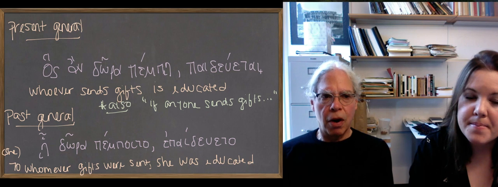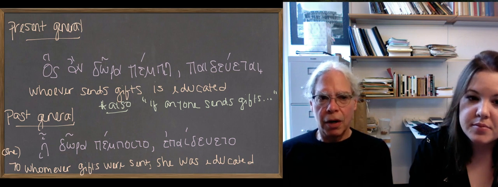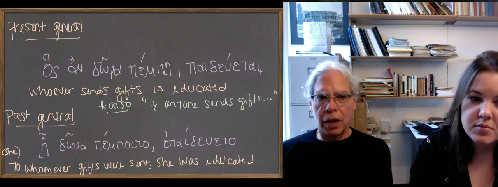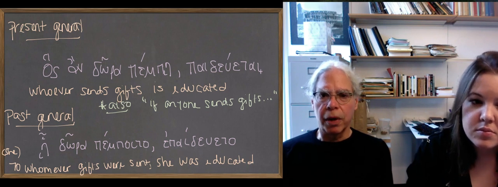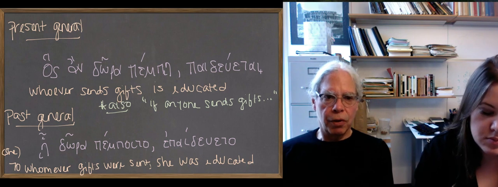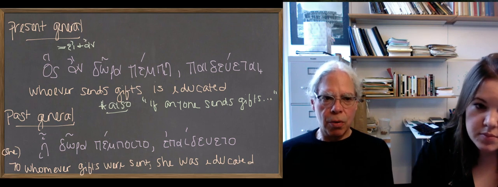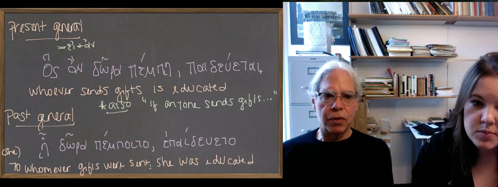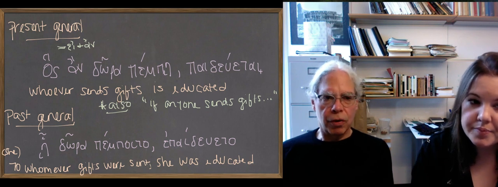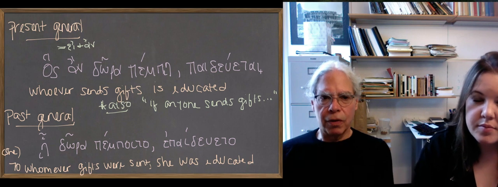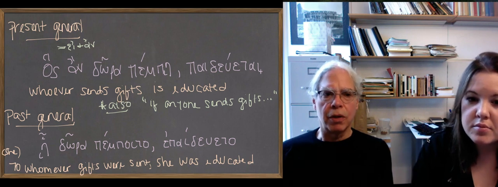What we've got is hos an, that's the relative pronoun hos in the nominative singular masculine with an after it. So this is the equivalent of ean. Dora pempe, pempe being the third person singular of the present subjunctive. So that's going to mean whoever sends gifts, or if you want, if anyone sends gifts. Notice we're replacing the relative with anyone as the subject of the sentence because hos is a nominative form, right?